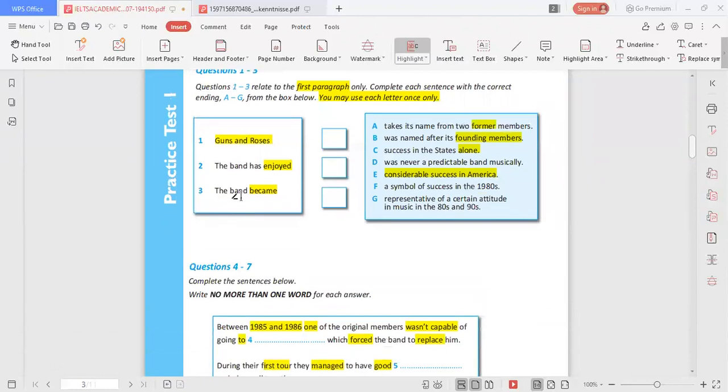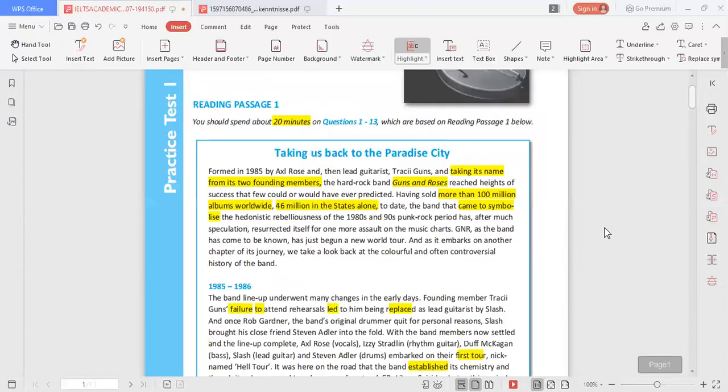Question number 3, the band became. Again, band is not a keyword, but the word became is actually a keyword. And became is kind of like a transition, a change in status. So we're going to read on and see where we see this change, this transition and transformation.